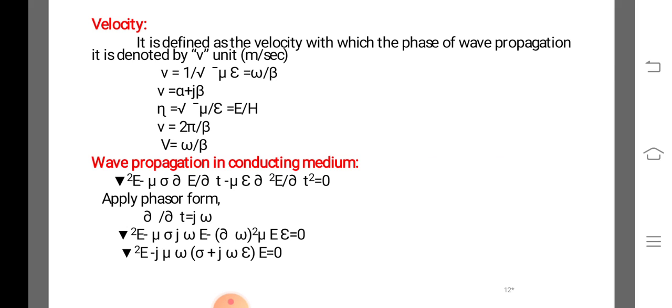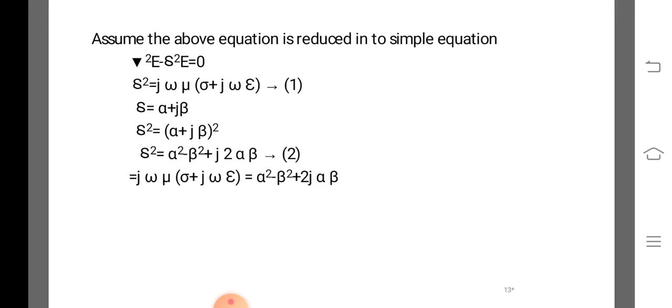Apply phasor form, dou by dou t equal to j omega. Del squared E minus mu sigma j omega E minus omega squared mu epsilon E equal to 0. Del squared E minus j omega mu (sigma plus j omega epsilon) E equal to 0.